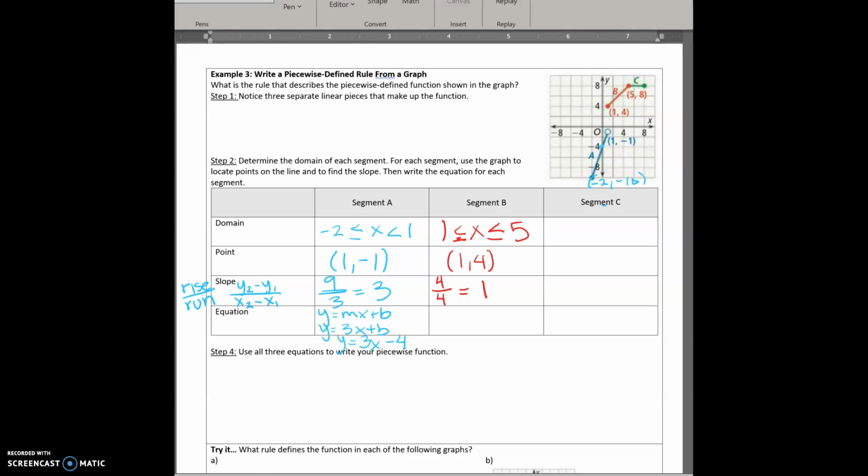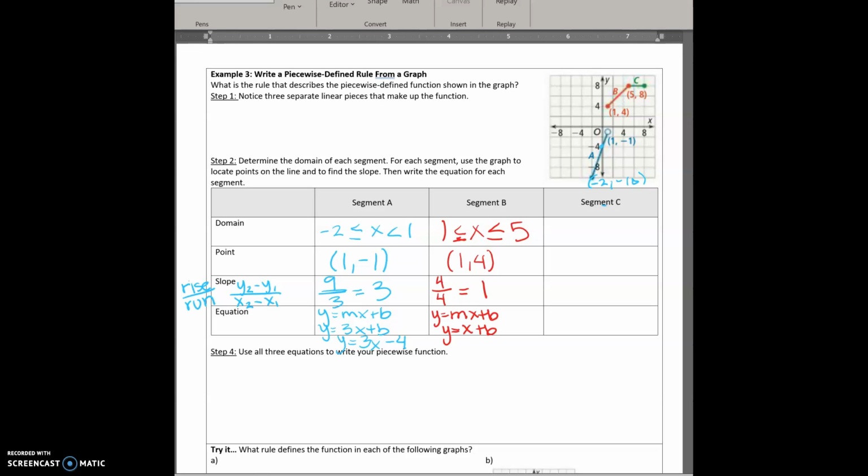So now write our equation. We have that the slope is 1, so y equals x plus b, because we don't need to write the 1. We cannot see our y-intercept from the graph, so this is why we need the point.